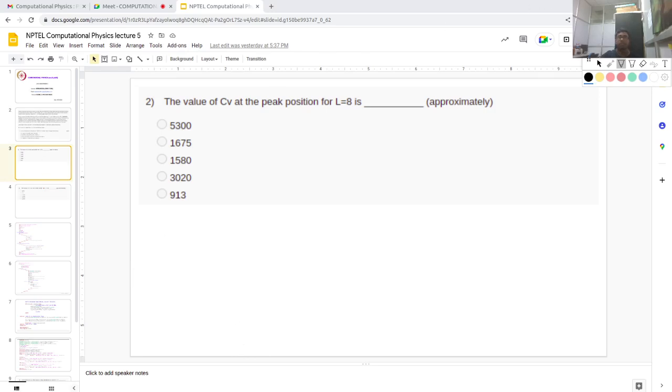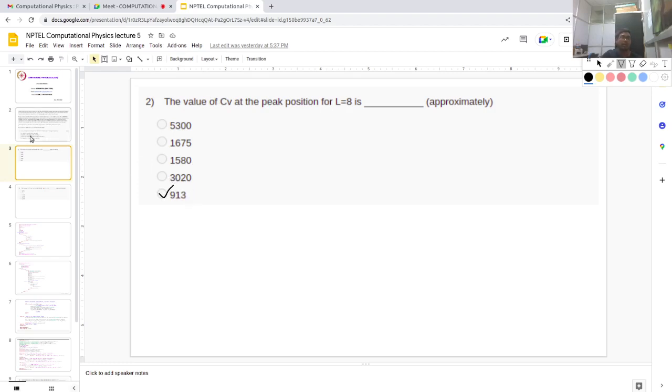Okay, so let's run it again. See, the peak value for CV for L equals 8 is 963 and the peak value for L equals 9 is 1339. Now let's look at the examples. Here is the value of CV at the peak position, and the given answer was this last one.